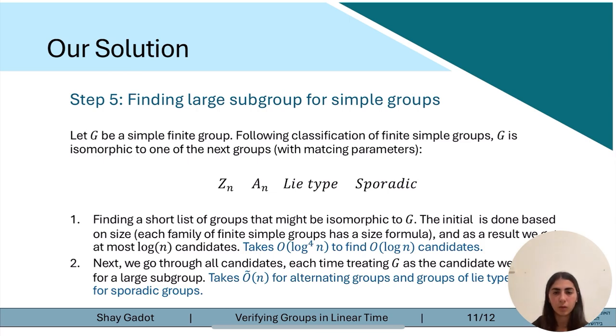Next we go through the candidates, each time treating G as the candidate and finding a large subgroup in the way we would find for the candidate. For example, for An we would take An minus 1. It takes O(n log n) for alternating groups and groups of Lie type, and actually constant time for sporadic groups.